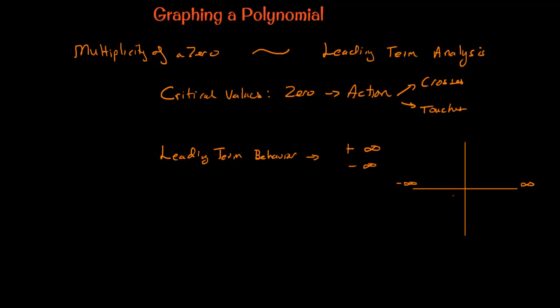Leading term behavior is synonymous with end term behavior, or leading term analysis. Each one of those discusses what happens as we approach positive infinity and negative infinity, on both sides. We have already discussed how to determine these two categories in our last video series, so if you need to, go back and review those specifics so that you get caught up.